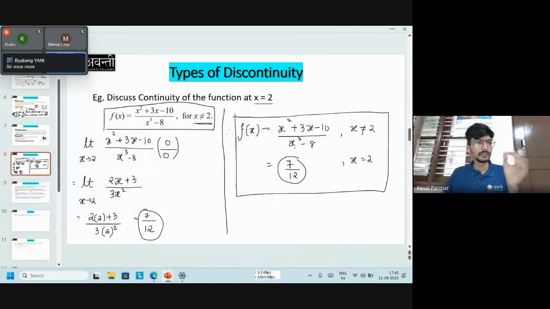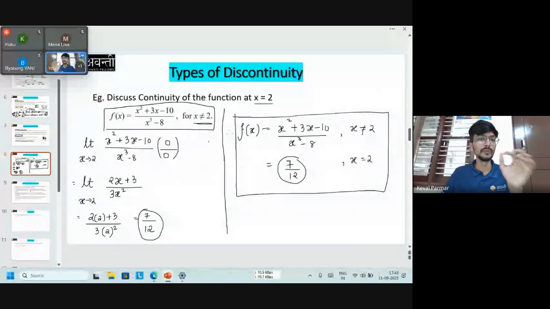Redefining the function. So what we did here, basically, we found the limiting value, which came as 7 upon 12. Now, as we all know, limiting value means it is not for 2.